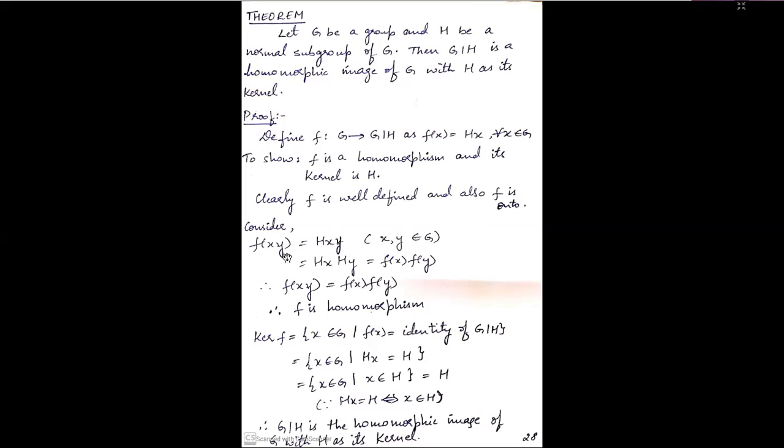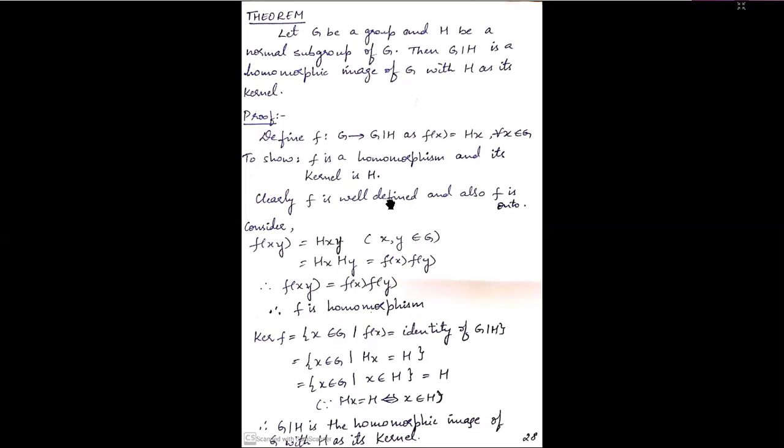Consider f of xy is equal to Hxy. From the definition, Hxy is nothing but Hx into Hy, from the properties of cosets. Hx is equal to f of x and Hy is equal to f of y, so we have f of xy is equal to f of x into f of y. Therefore, f is a homomorphism.